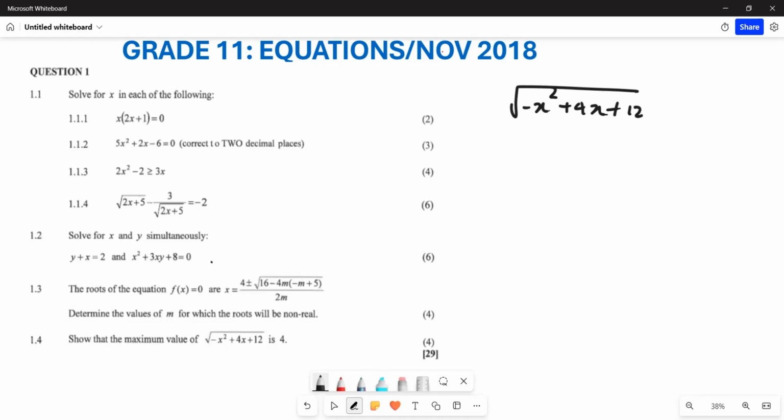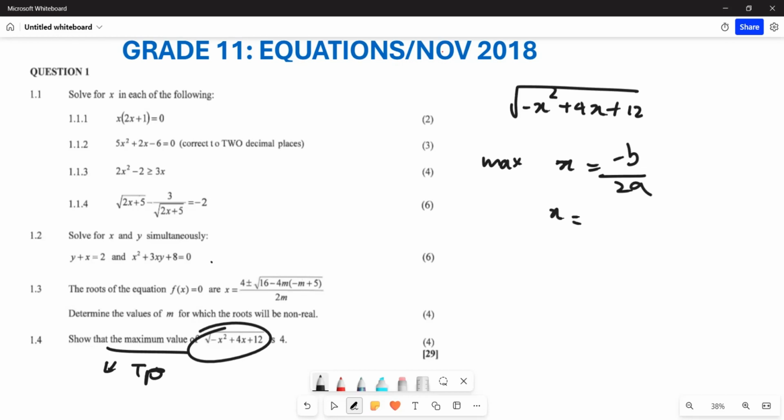Now, as soon as they talk about your maximum value, what is it that you need to think about? You need to think about the turning point of this particular graph of negative x squared plus 4x plus 12. Whenever you are looking for your maximum, your x is equal to negative b over 2a, which means x is going to be negative.